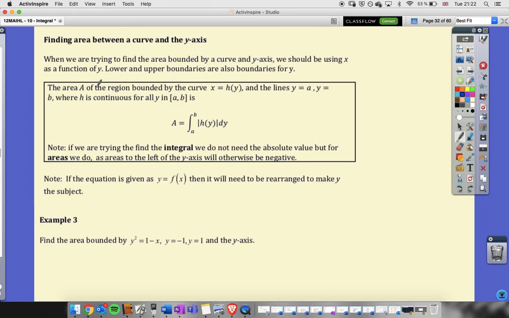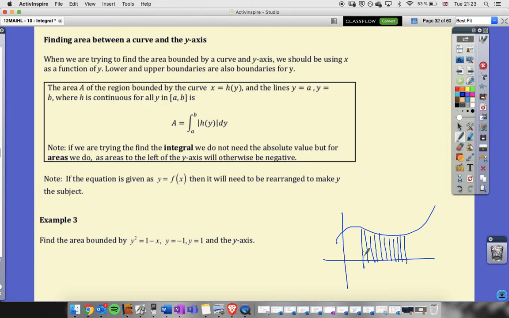So the second part of this lesson is looking at the area between a curve and the y-axis. Before, we were looking at the area between a curve and the x-axis, and we talked about lots of these vertical rectangles, and we said the narrower the rectangles are, the closer it approximates the area we're looking for.